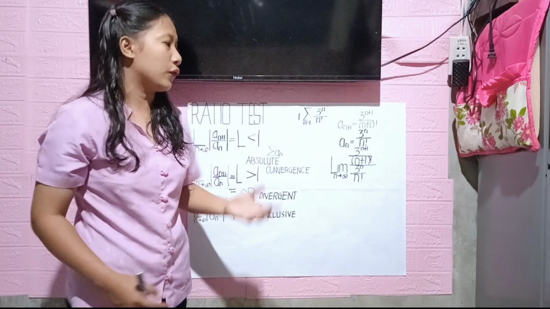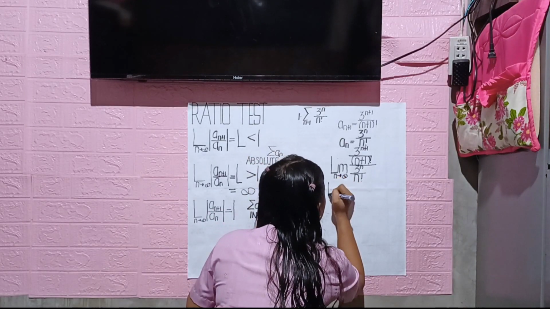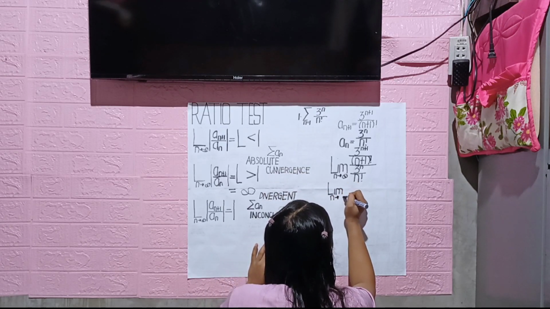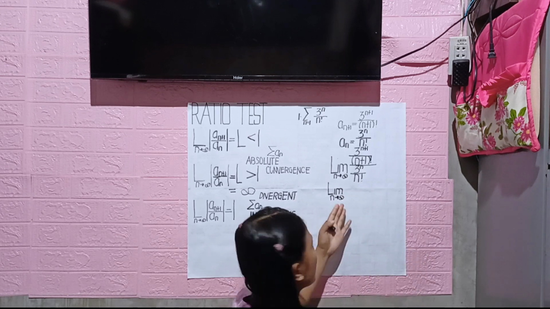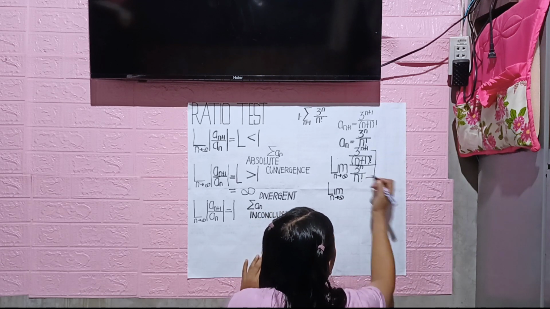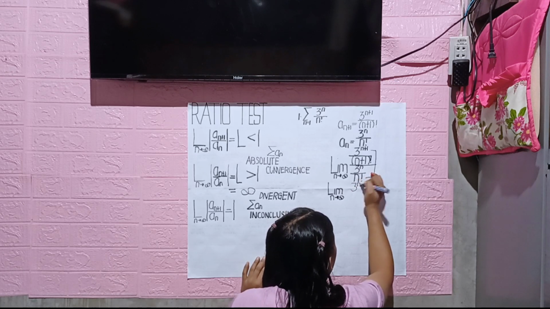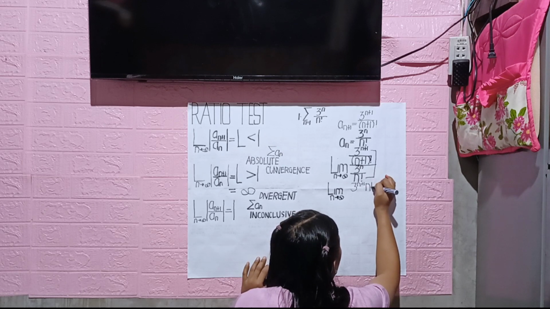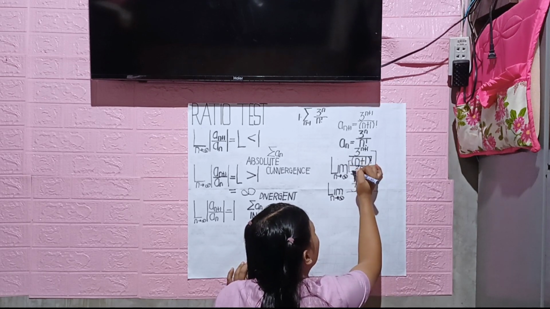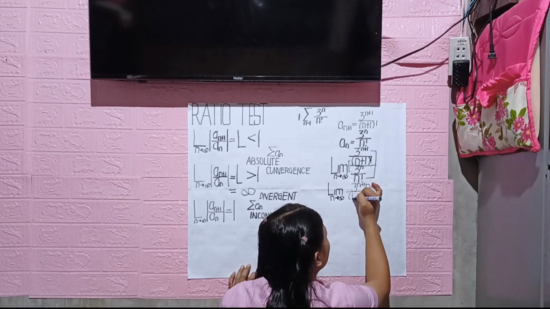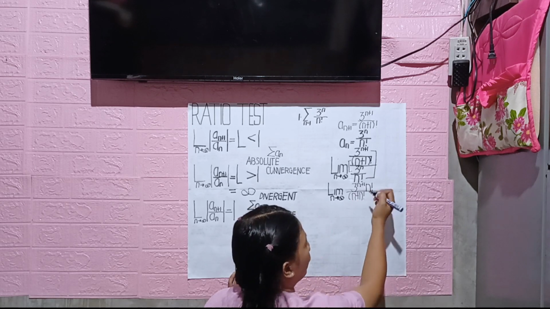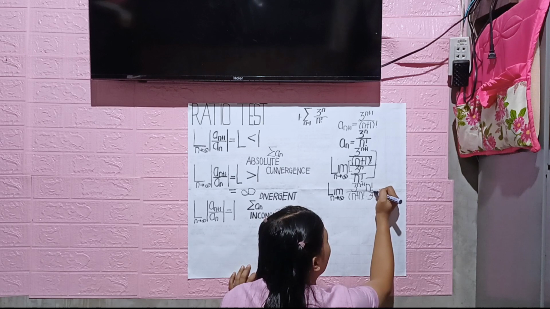Now we are going to solve it. The limit as n goes to infinity of 3 to the n plus 1 times n factorial, divided by n plus 1 factorial times 3 to the n.